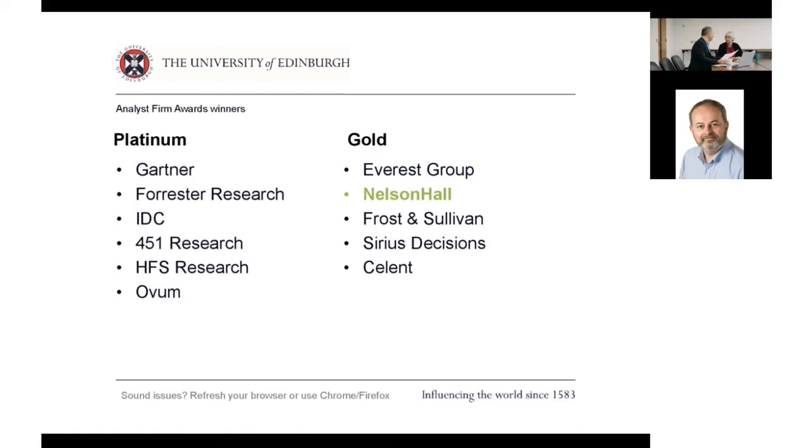Then Serious Decisions, which of course is part of Forrester now, performs very well. I think that shows the big challenge that many financial technology firms have in helping their institutions to onboard customers, to market financial services products.